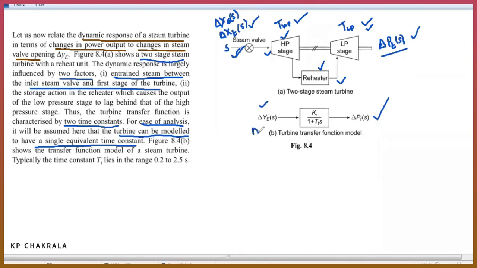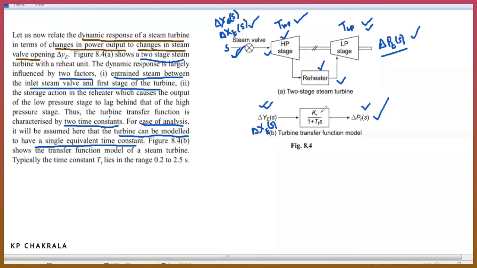Earlier we took this as delta XEFS; both are the same. There we assumed delta XE, here it is delta YE, which is nothing but the valve setting, or we can take it as valve power. Whatever power we give as input, and the power we get as output of the turbine: valve power and turbine output power.